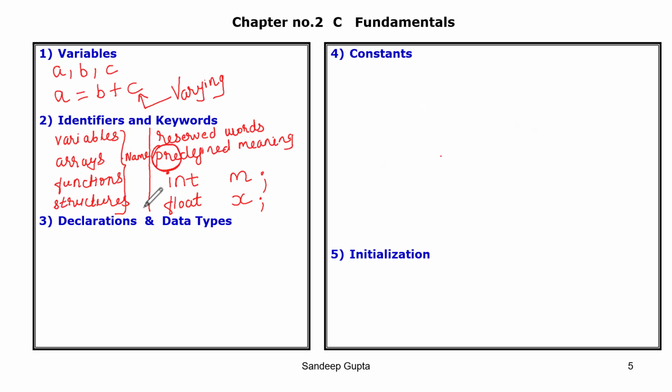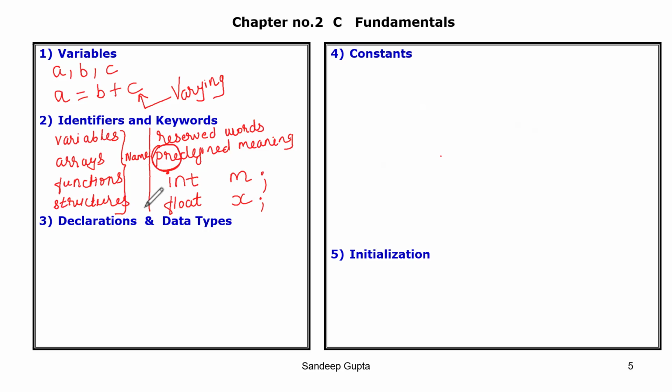Any name which a programmer gives to any element in the program is called an identifier. I repeat, any name which a programmer gives to any program element is called an identifier. So if you're really attentive, can you tell me, do you see any identifiers on the screen? Come on, pause the video and think about it.